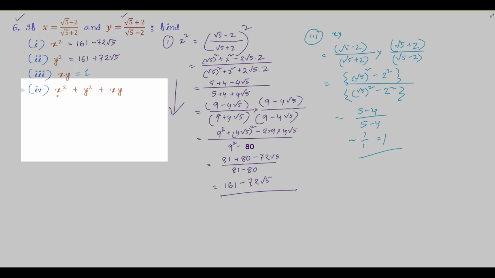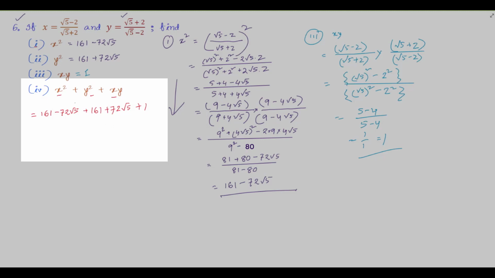Now we can find x square plus y square plus xy, and that is equal to x square, which is 161 minus 72 root 5, plus y square, that is 161 plus 72 root 5, plus xy, and that is equal to 1.